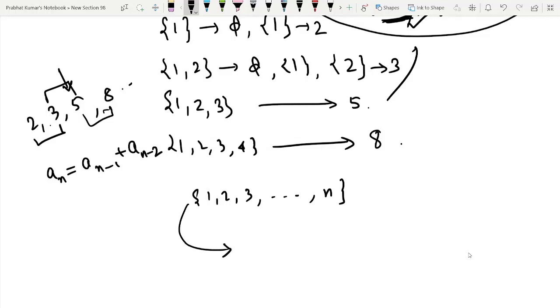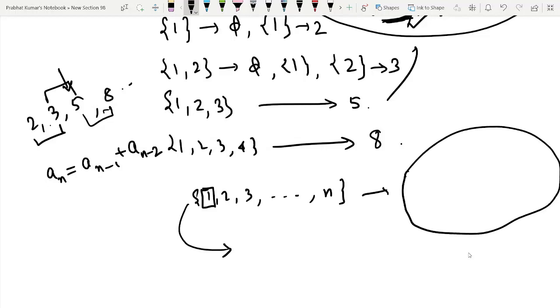Take a particular element, let's say 1. The non-consecutive integer containing subsets are divided into two parts: one that contains 1 and one that does not contain 1.